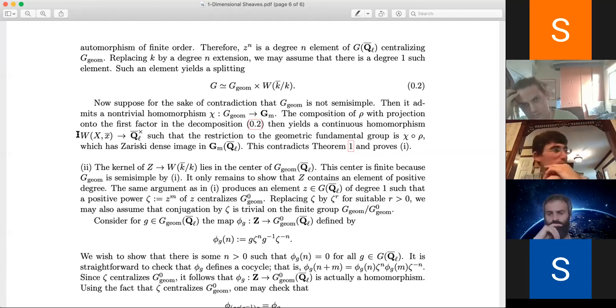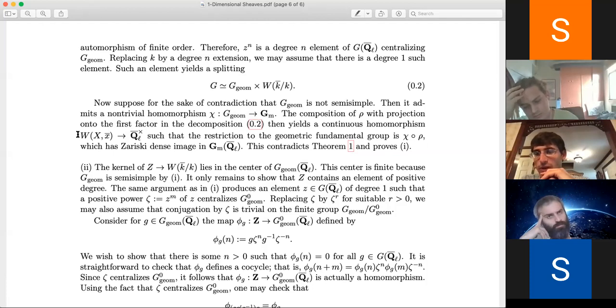And if I have my central torus, then by, I guess you could say, the structure theory for reductive groups, G is the product of its derived group and a maximal central torus. And so the Abelianization of G is going to be then some non-trivial torus.